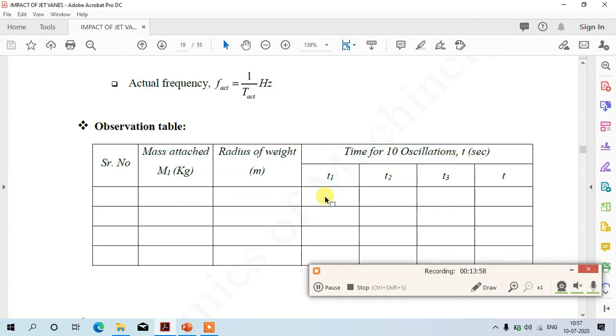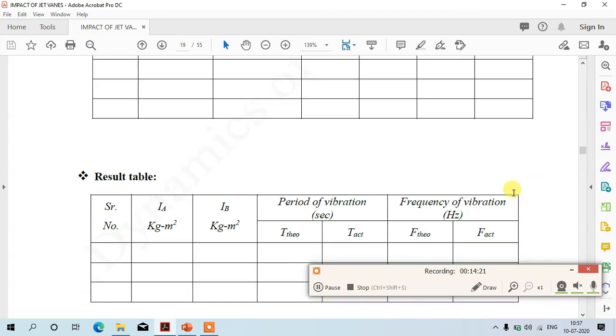You have to measure 10 oscillations 3 times: first for 10 oscillations, then another 10, then another 10. Then you take the average of these 3 time periods and write it here. So we will consider the average time period for our 10 oscillations.